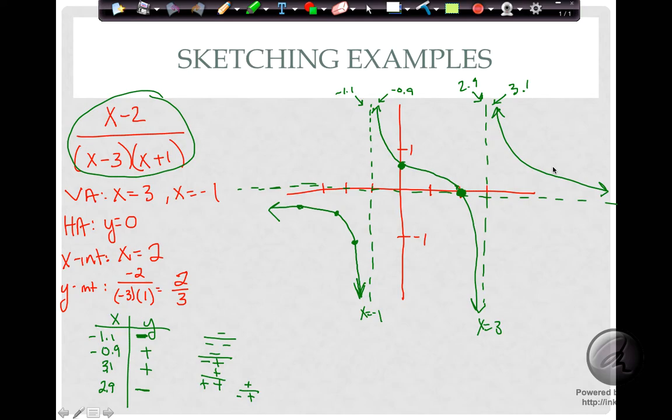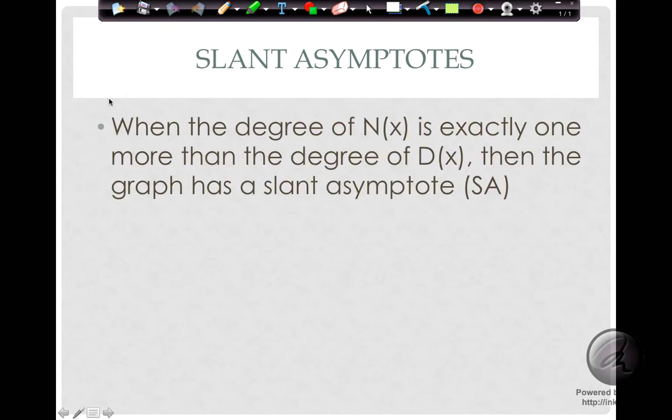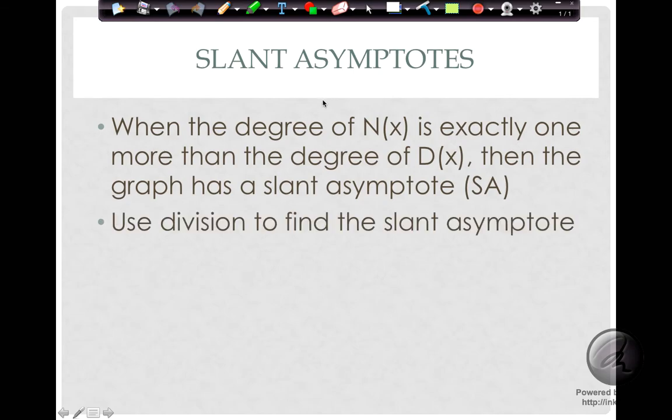All right, let's go ahead and move on to slant asymptotes. Slant asymptotes, if you recall, occur when the numerator is greater than the denominator, when the degree. What we're going to be doing is if the degree is exactly 1 more than the denominator, and that's the only ones that we're going to be dealing with, it has what we call a slant asymptote.